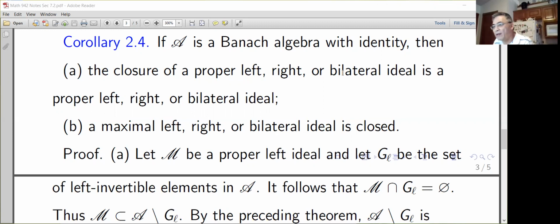(a) Let M be a proper left ideal, and let G_L be the set of left invertible elements in A. It follows that M intersect G_L is empty.